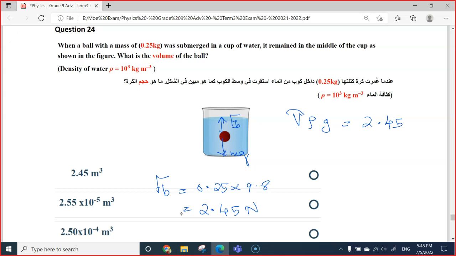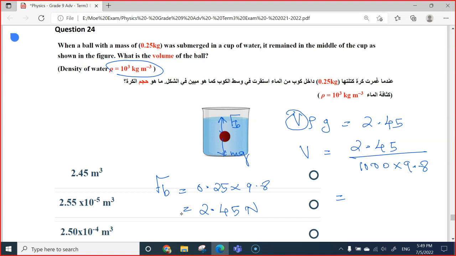So you are asked to calculate the volume of the object. The volume V is equal to 2.45 divided by the density and g. The value of density is 10 to the power 3, that is 1000, and the value of g is always 9.8.